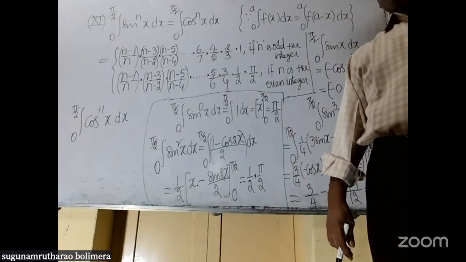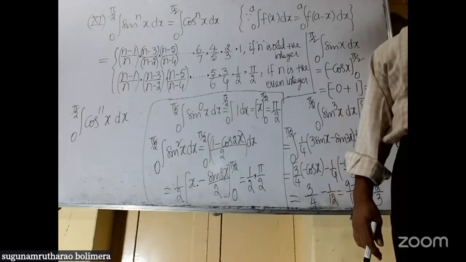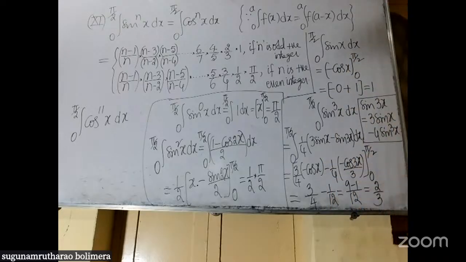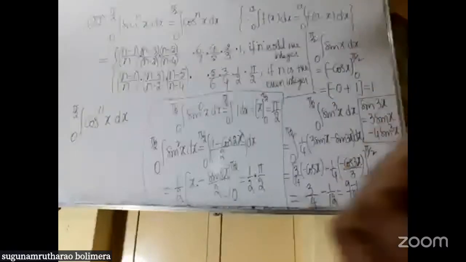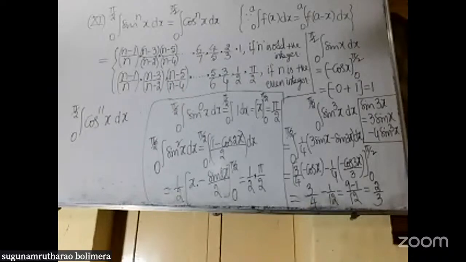Integral 0 to pi by 2 of cos power 11x dx. Tell me the value quickly.